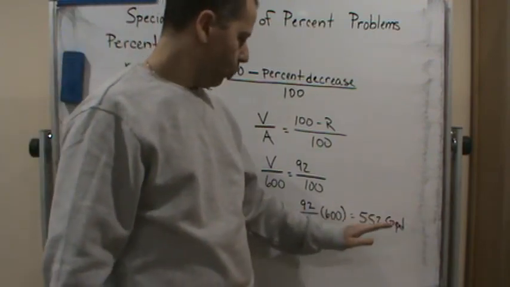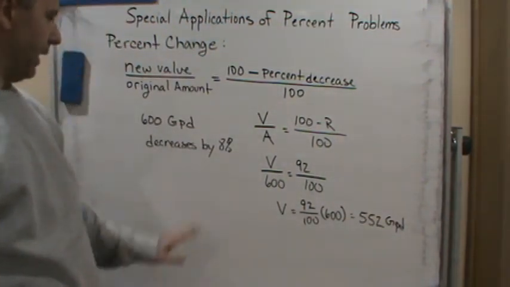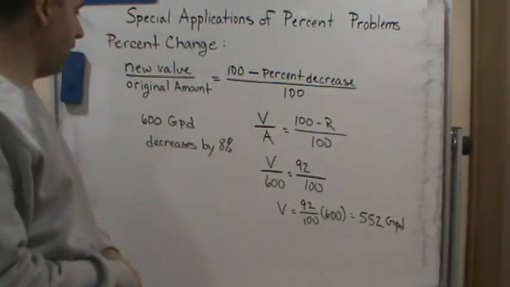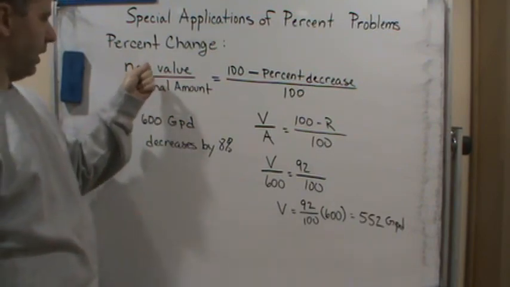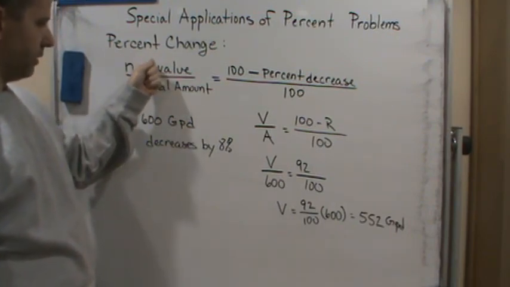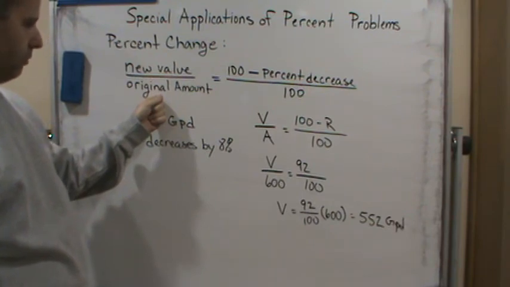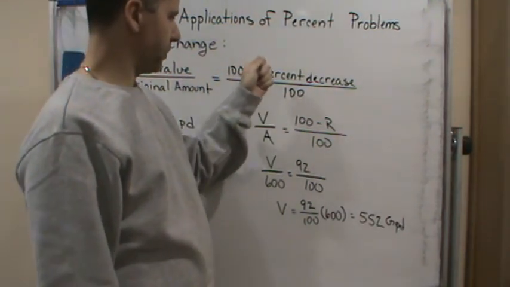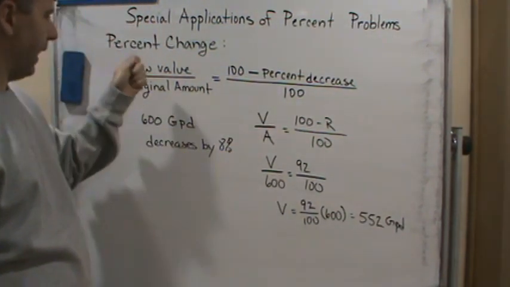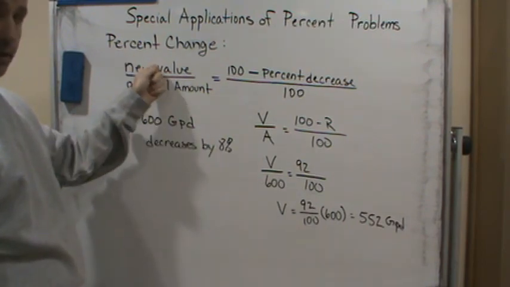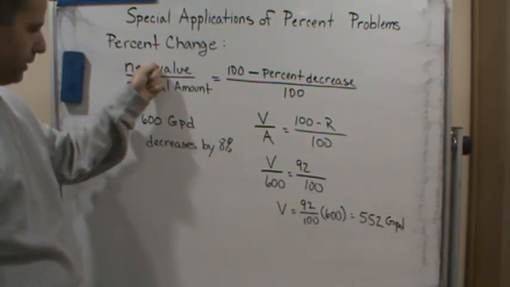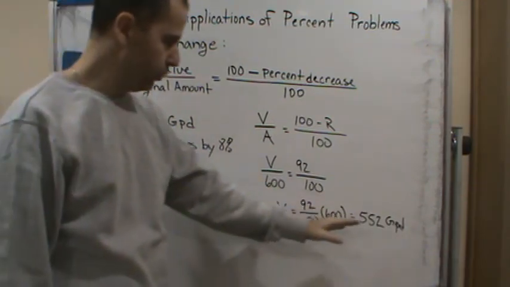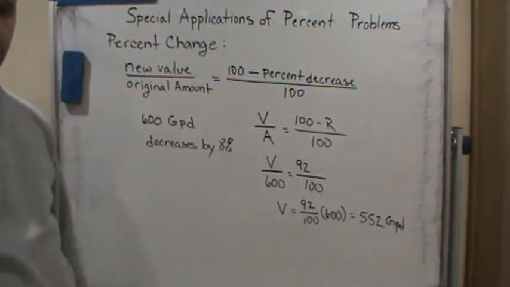Now, we were able to get the final answer by using this proportion. But if you go back and do it the other way, with the amount of the decrease over the original amount equals percent decrease over 100, you will find, by doing the same thing, the amount of the decrease, and then you just subtract that from the original amount to get your new value, your new output.